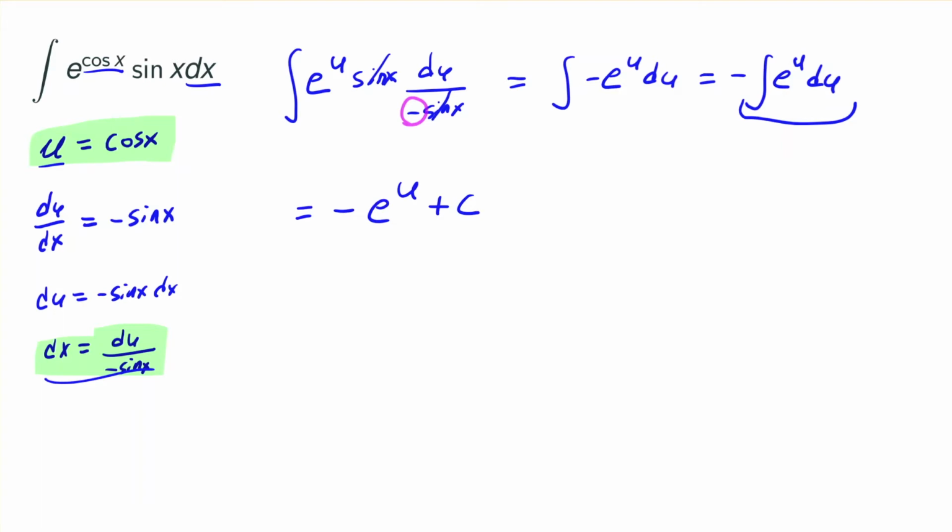And we have to substitute back what u is in terms of x. Well, it's cosine x. So our final answer is negative e to the cosine x plus c. Final answer. And you can check your answer by taking the derivative of this, and in fact, you'll get this, right? You can use the chain rule.